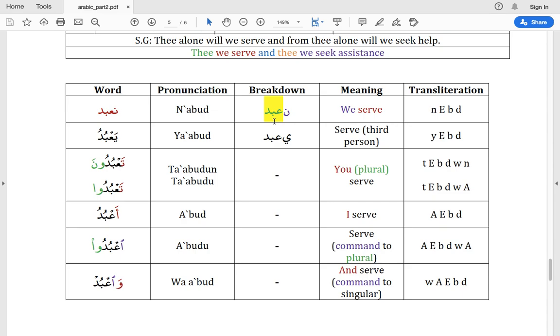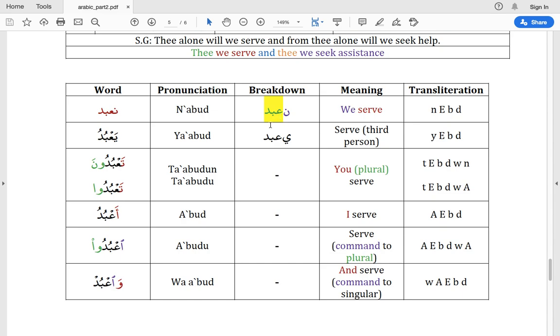Because on the day of judgment, those people who denied will say we abad the shaitan, we worship, we serve the shaitan. We worship the shaitan doesn't make any sense because no one is worshiping shaitan. At least we don't see anyone worshiping shaitan. But we do serve our vain desires, our fantasies. We do serve our appetites. So that's what abad is referring to.